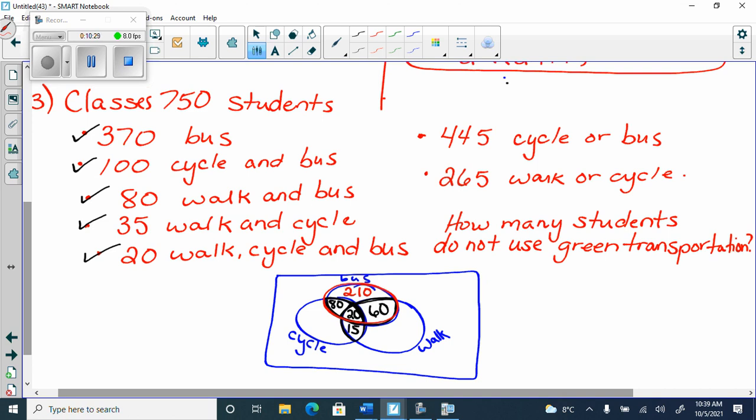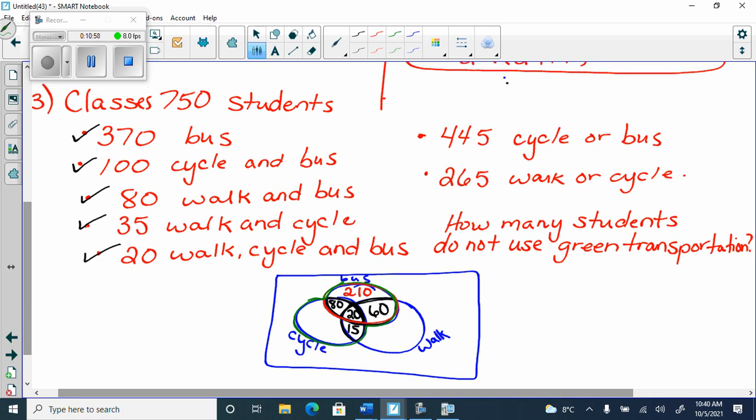So now I can go to other singles if I have them, or the only thing I've left is ors. Now I need to pick the or that contains the full circle filled in already. So I could have walk or cycle, but if I do the walk or cycle snowman, I have 2 empty spots, which I can't have. If I do the cycle or bus snowman, then I'm only missing 1, which is good. So in the cycle or bus snowman, I have 370, 385. There's already 385 people cycling or busing, correct?